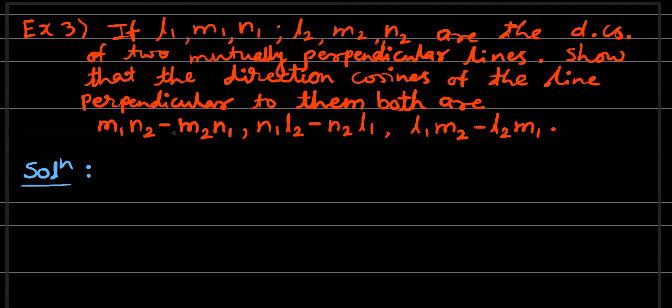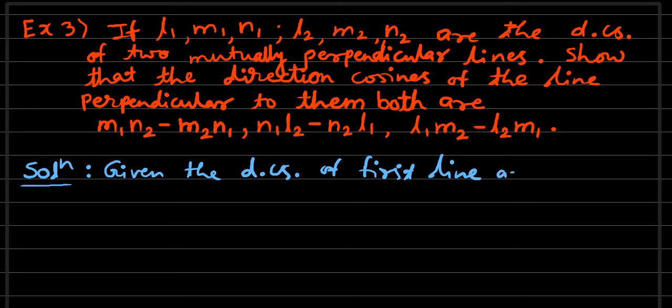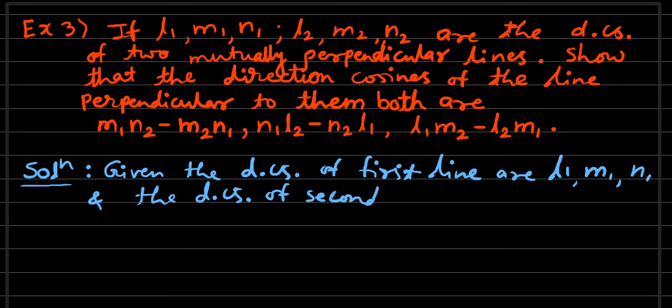Solution: the direction cosines of the first line are L1, M1, N1, and the direction cosines (DCs) of the second line are L2, M2, N2.